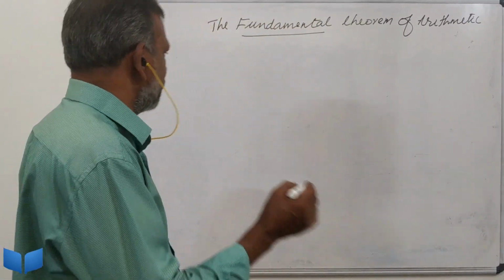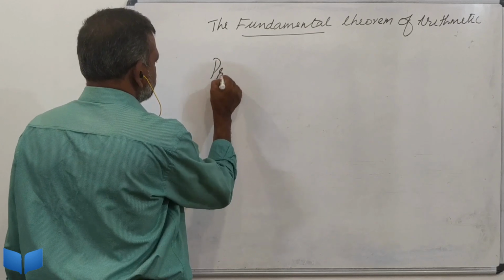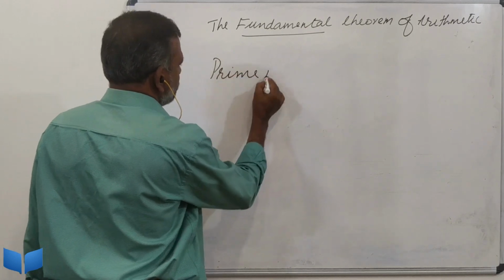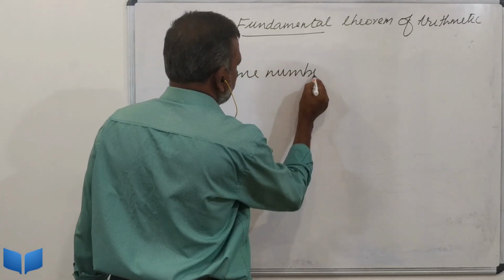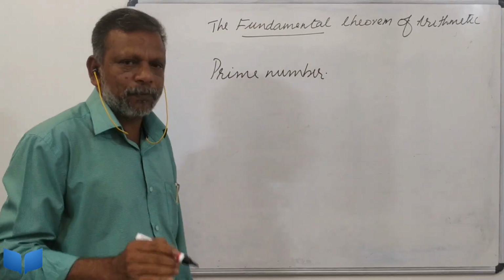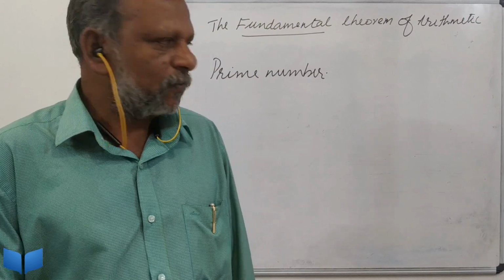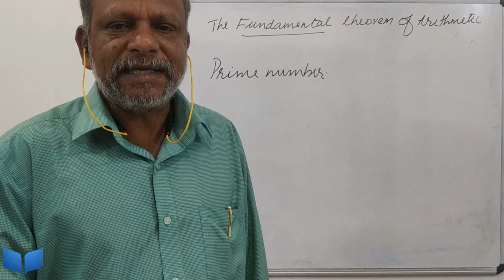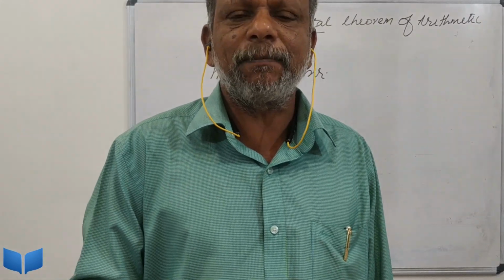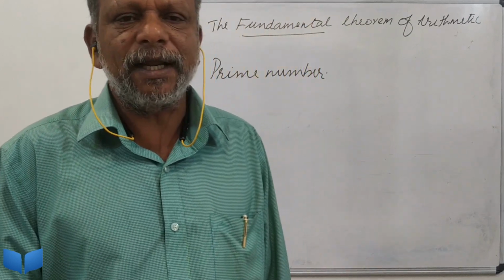Prime number. A prime number is a number which cannot be divisible by any other number other than the number itself.